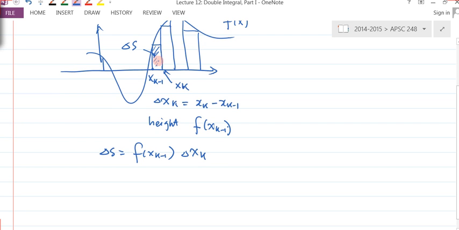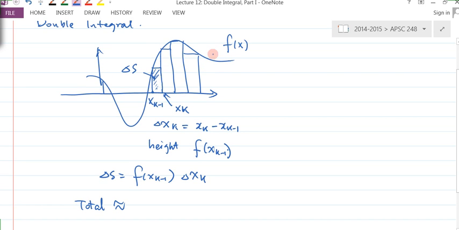Then the total area is the addition of all of the rectangular areas here. The total area underneath the curve is approximately the addition. How many are we adding? Maybe we're adding from 1 to n, adding all of them together.